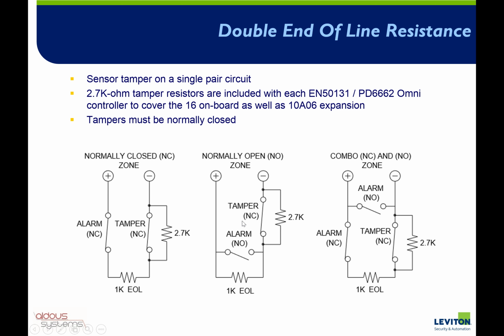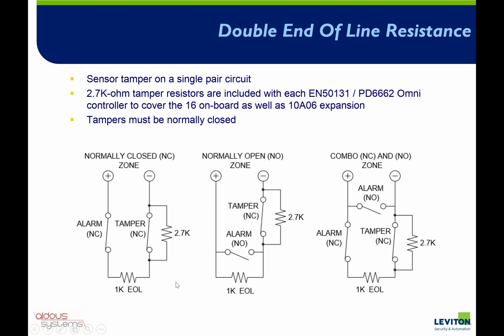Now then, I mentioned we'll touch on the resistance aspect a bit more. This is called double end-of-line resistance. We've already covered the fact that the system requires 1k ohms to be secure, and 0 resistance or infinite resistance is alarm, where someone cuts the cable or shorts them together.